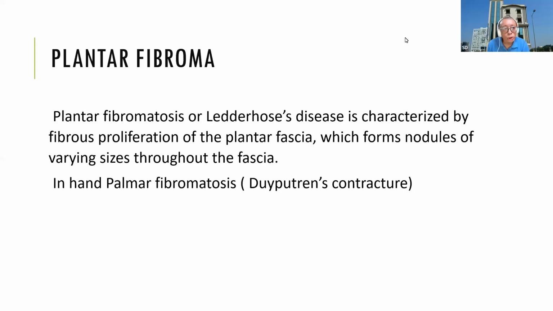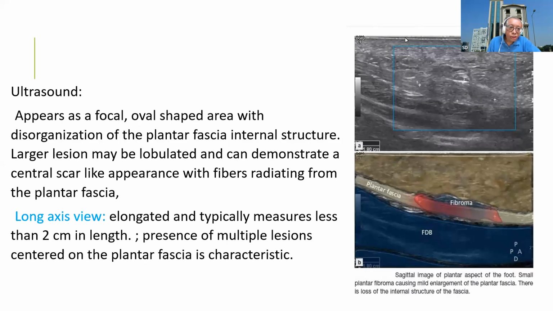This can also be a source of pain, and these nodules are of varying sizes, but it is always inside the plantar fascia. So this is the ultrasound picture of the plantar fibroma or fibromatosis.